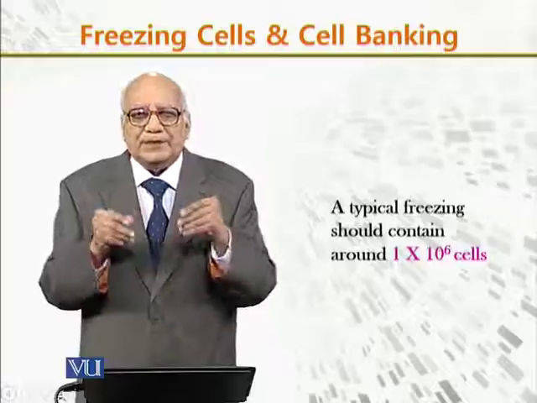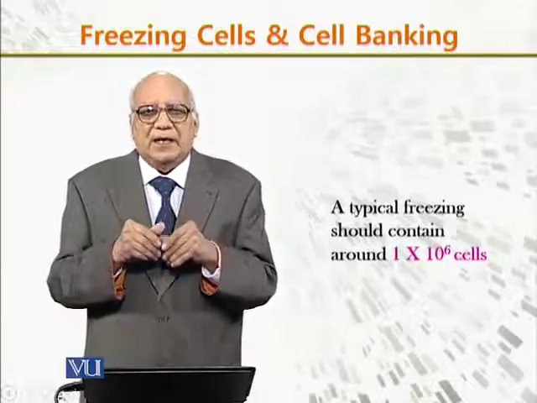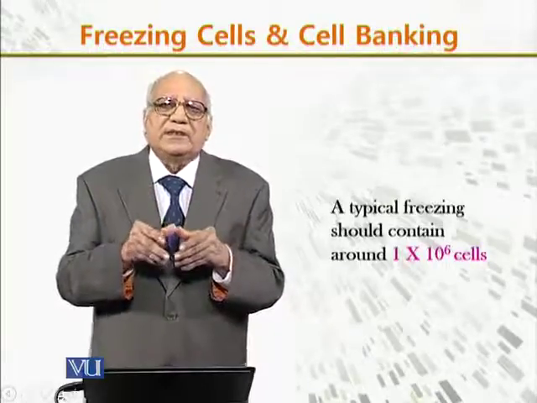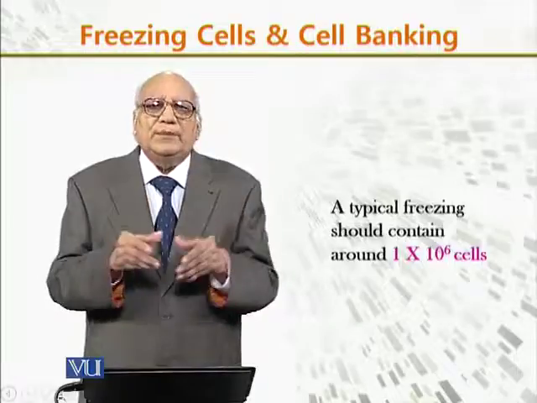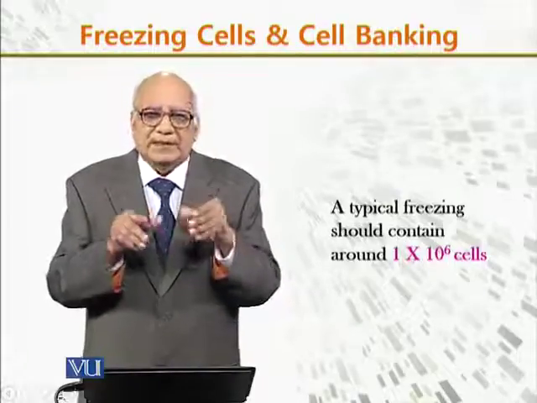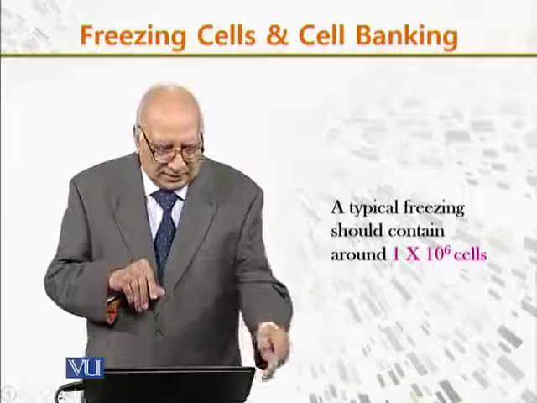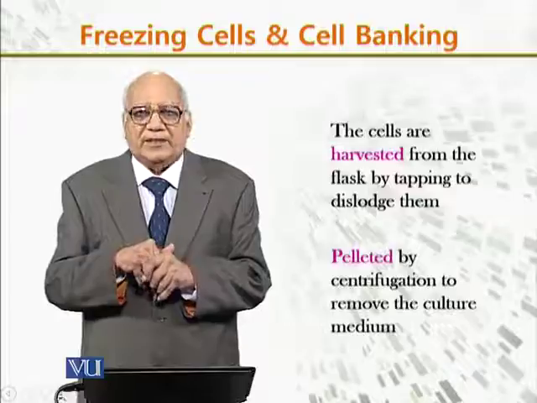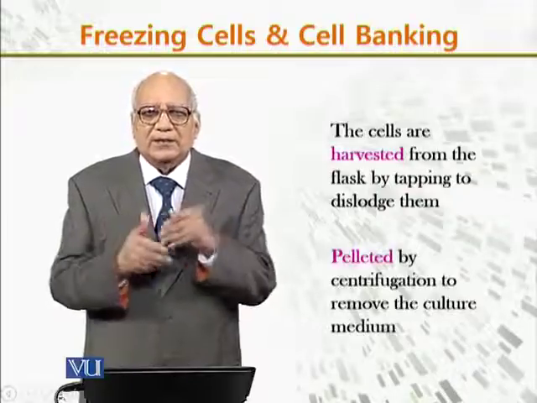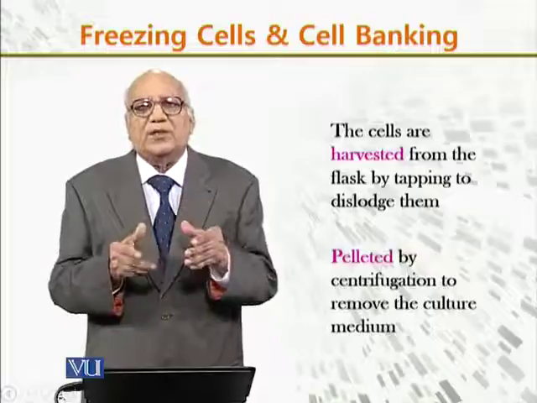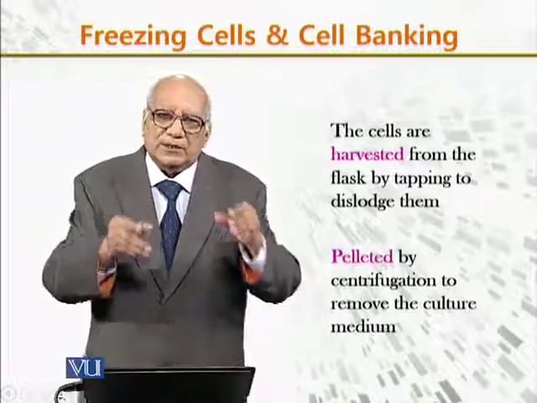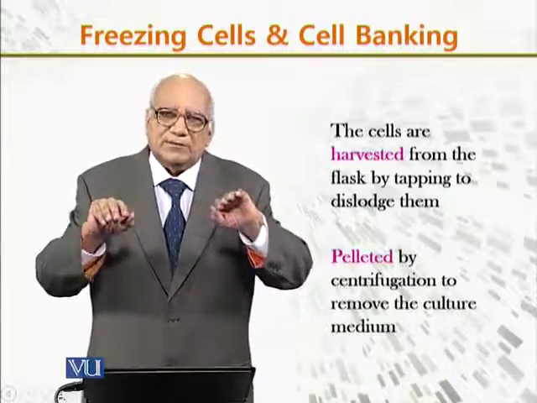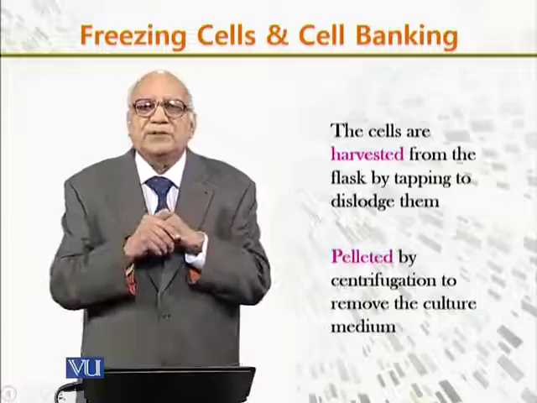Now, a typical freezing vial should contain around 1 million cells per mil so that they are frozen. Then the cells are harvested from the flask by tapping to dislodge them, because when the cells are growing, they are adhering, sticking around the flask, and we have to remove them.